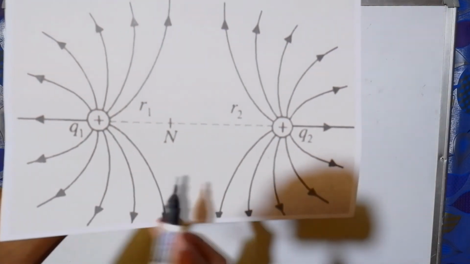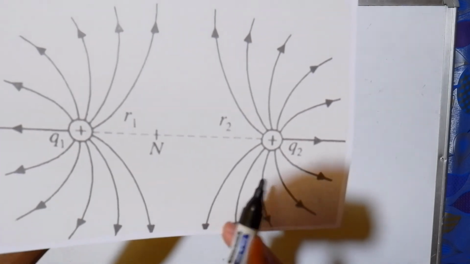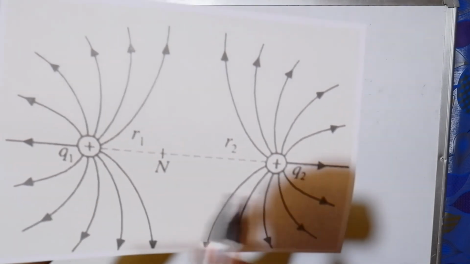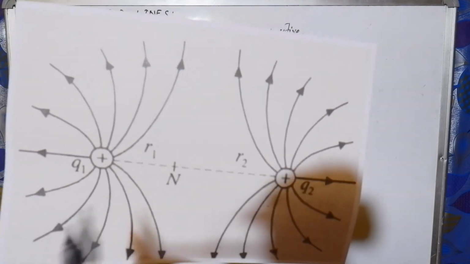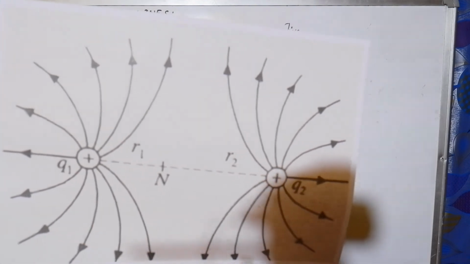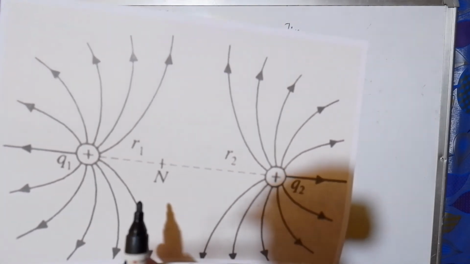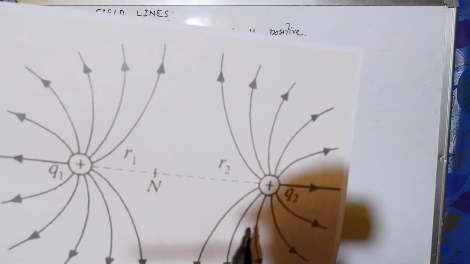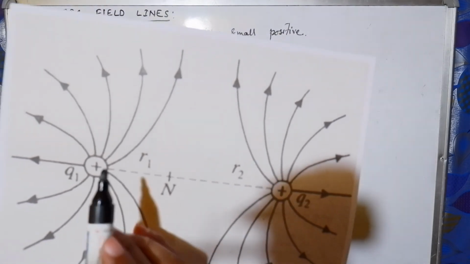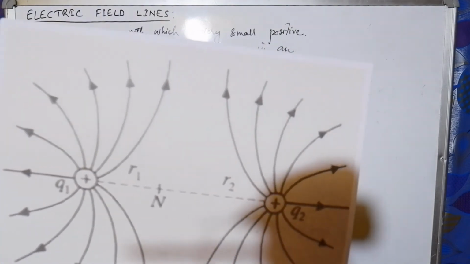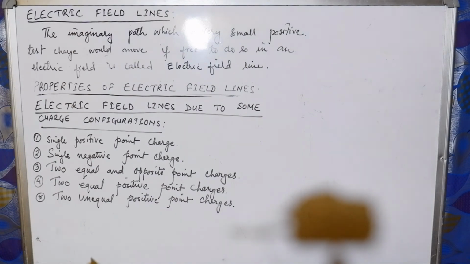Here Q1 is not equal to Q2, so we have seen the electric field lines will repel each other because both of these charges are positive. Now Q1 is not equal to Q2, and N is no more the midpoint between Q1 and Q2. As a result, the distance R1 is not equal to the distance R2 here.